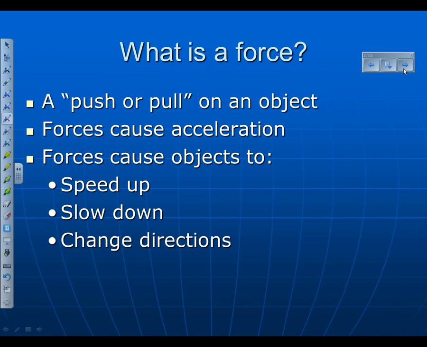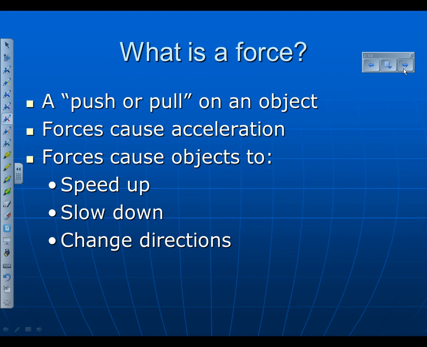Yes, it says forces cause acceleration. And our outline says forces are the cause. It's different wording of the same thing, but one comes with the other. One is active voice, one is passive voice, but they mean the same thing, right? Forces are the cause of acceleration.